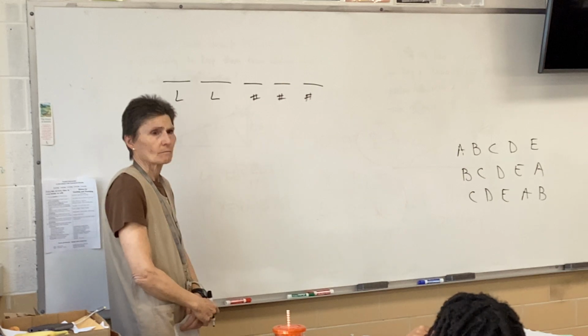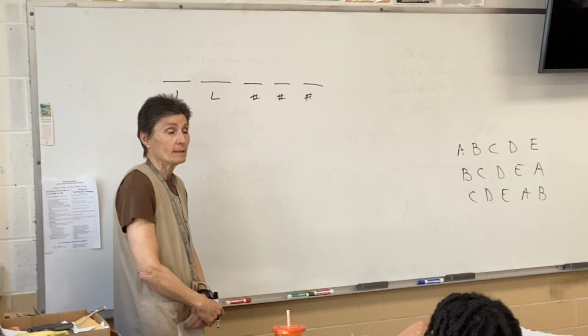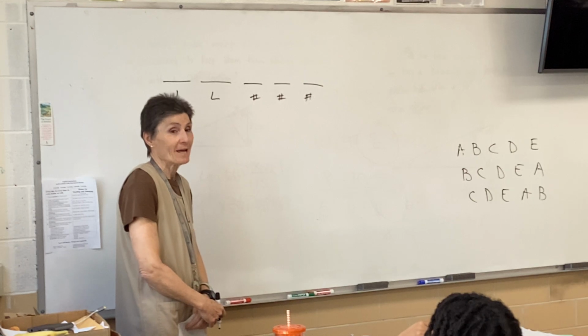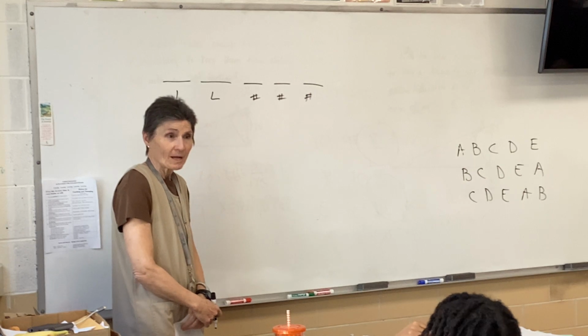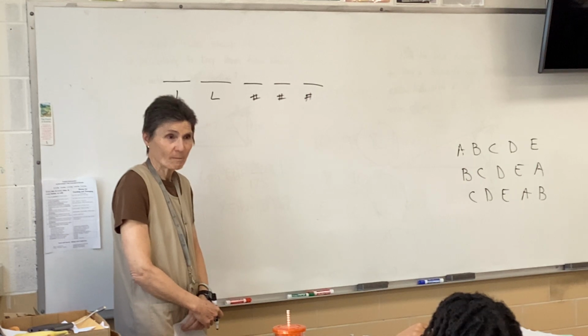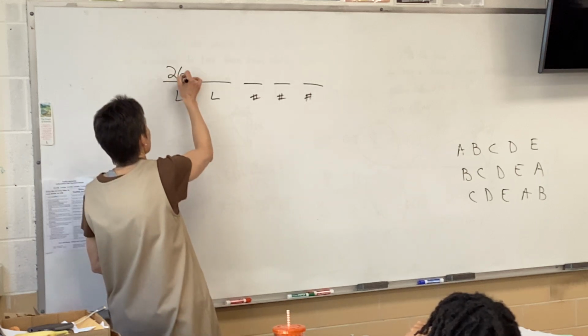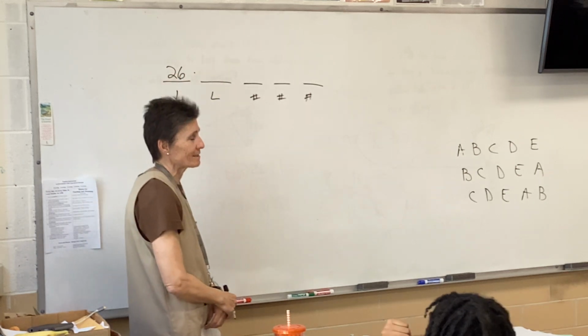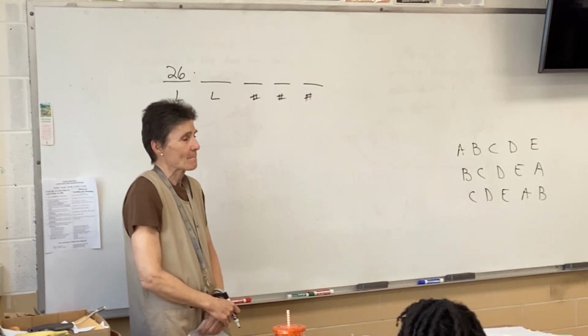Is the first one 24? Help him out. 26. Yeah, there's 26. It's okay, you're German, right? Don't you have a different alphabet? No? Then you should go to 26. So there are 26 letters to pick from.